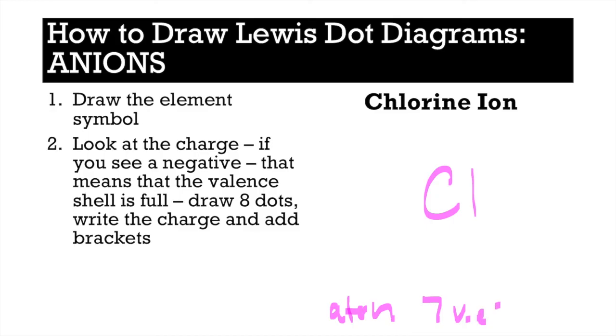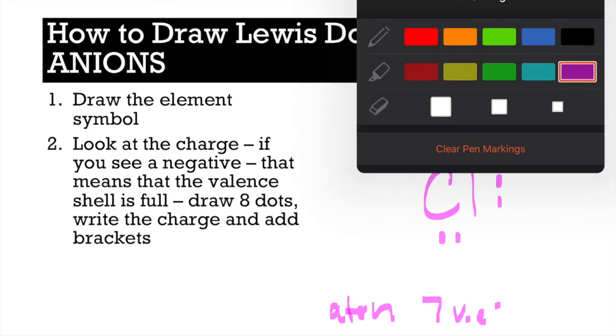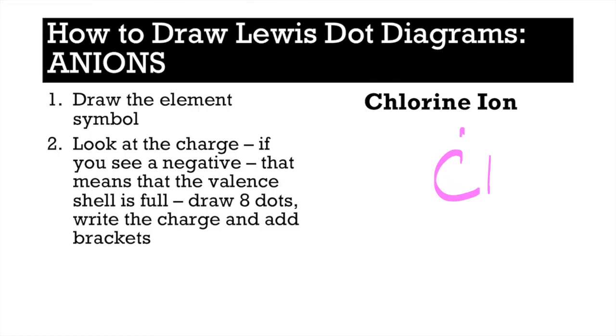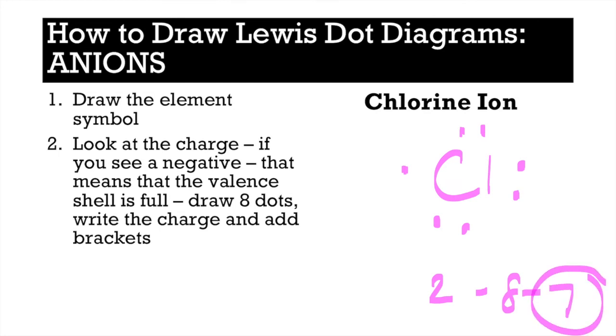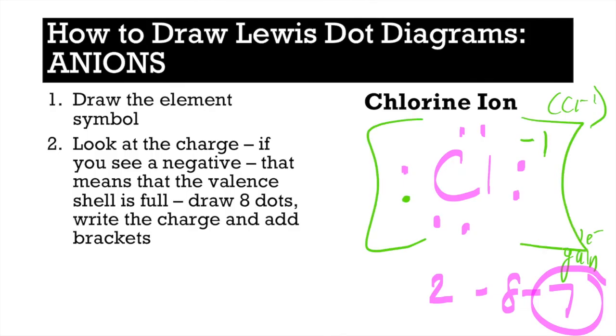Actually, let me draw it the proper way. 1, 2, 3, 4, 5, 6, 7. So there's that atom. Remember, it's 2-8-7. In order to get that full valence shell, it needs to gain 1 electron. So that gives you that -1 charge. There's an extra electron, -1 charge, and those brackets.